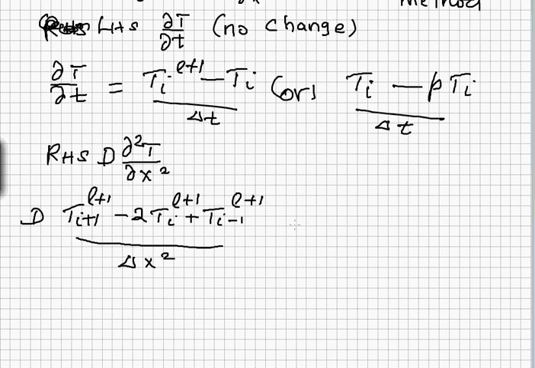My left hand side remains the same, so it will still be (Ti^(l+1) minus Ti^l) divided by delta t. There is really no change here.